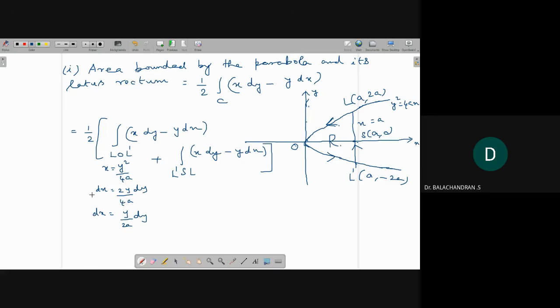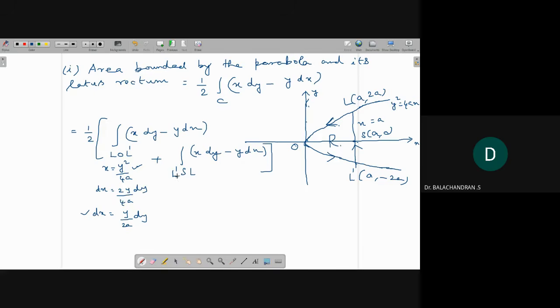Everything I should write below this integral. You can omit this step and directly write the next step; there is no need to write it. For understanding purposes, I wrote it here.